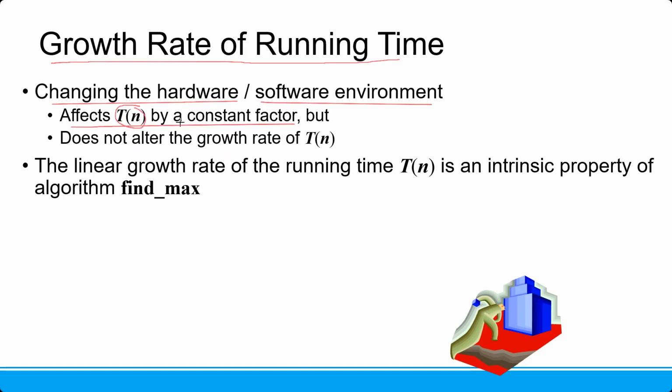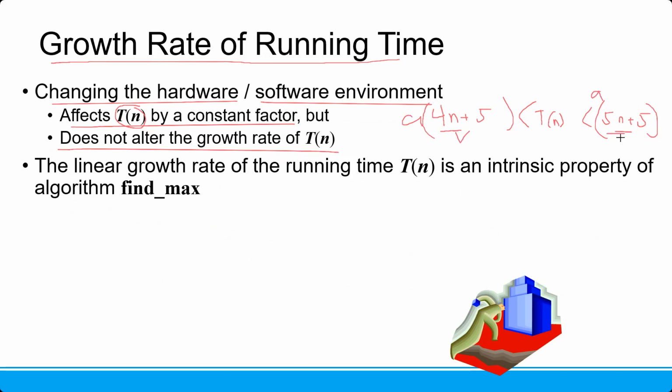So Tn can be affected, but you know that we have 5n plus 5, which is bounding Tn by the same linear function. The constants A and B are just values because they are in the same function, and they do not alter the growth rate of Tn.